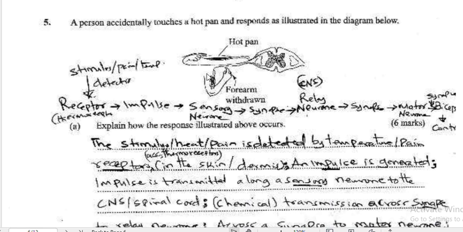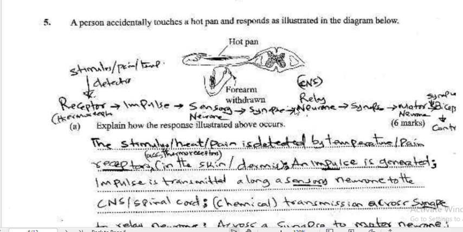And in this question, basically you need to know the reflex arc, and the reflex arc is here. The pain receptors detect the pain, an impulse is generated, the impulse is transmitted to the central nervous system through the sensory neuron, then via synapse. A synapse is the junction between two neurons, to the relay neuron.